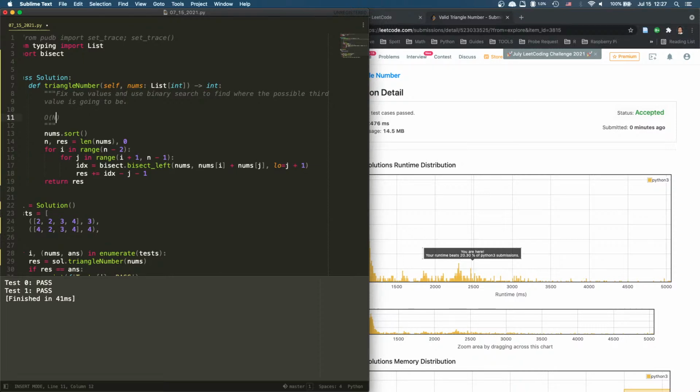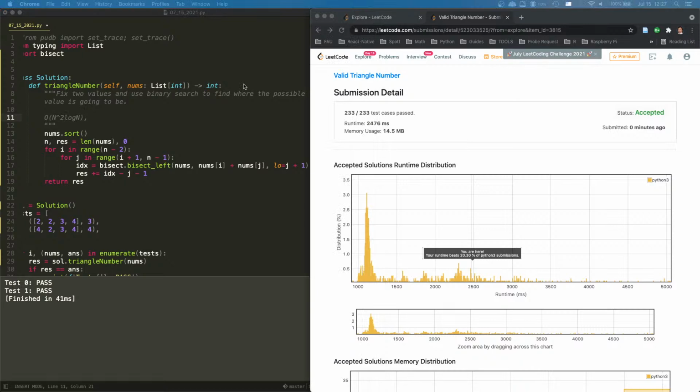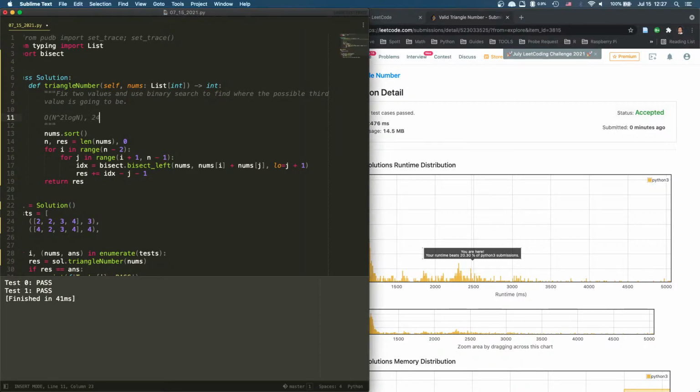So this runs in O(n) squared log n, and we scored 2,476 milliseconds, which is a 20% ranking.